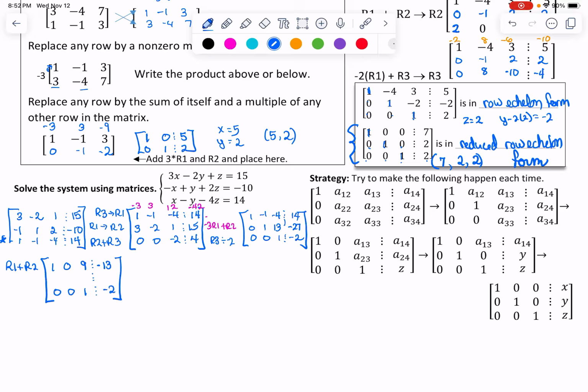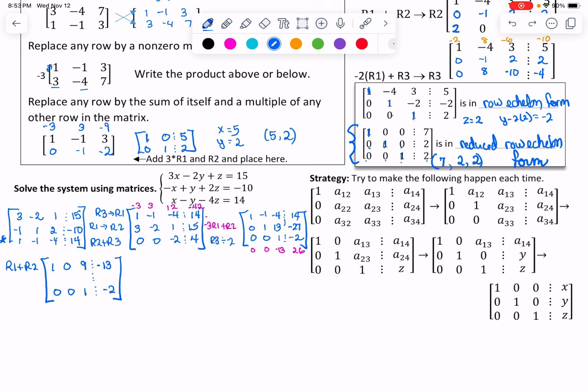And then we're going to keep the middle row for the moment, or actually might be just as easy to say, let's make this middle row, multiply it by a negative 13. 0, 0, 1 times negative 13 is a negative 13, and negative 2 times negative 13 is a positive 26. Because if I add a negative 13 and a positive 13, we will get a 0 in that position.